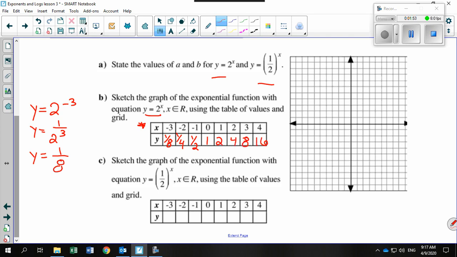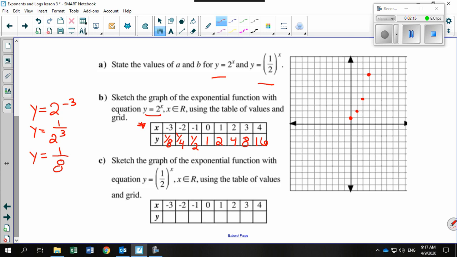So I'm going to plot those points on my graph. At 0, we have 1. At 1, we have a value of 2. At 2, we have a value of 4. At 3, we have a value of 8. And you can see that it's going to get exponentially greater.